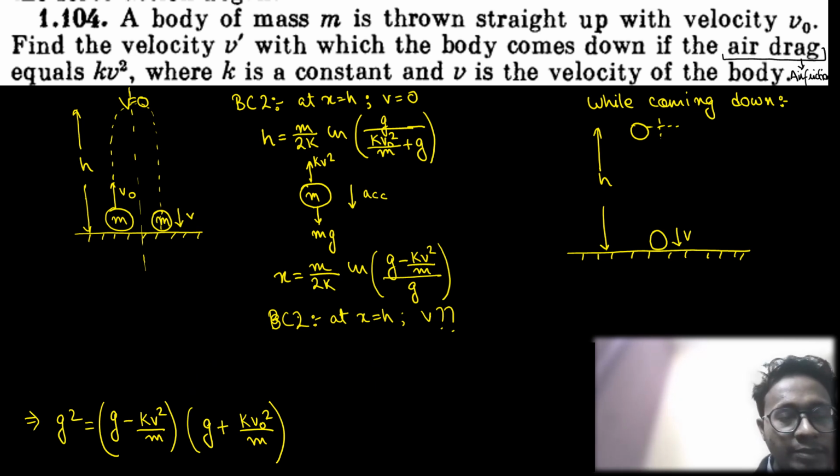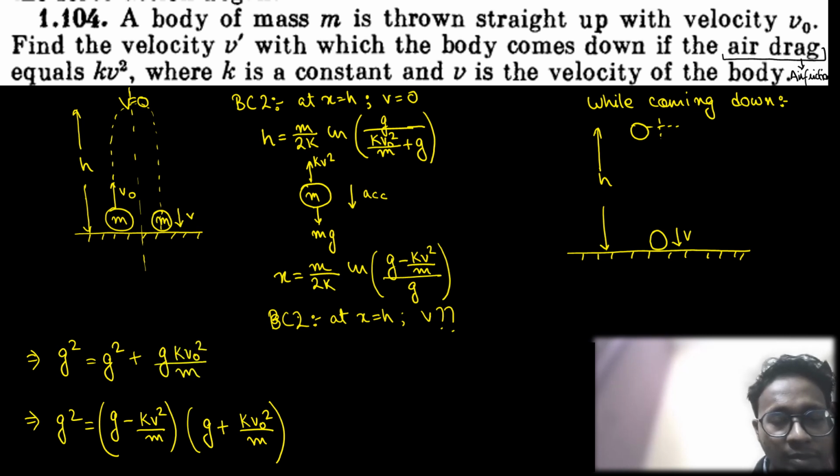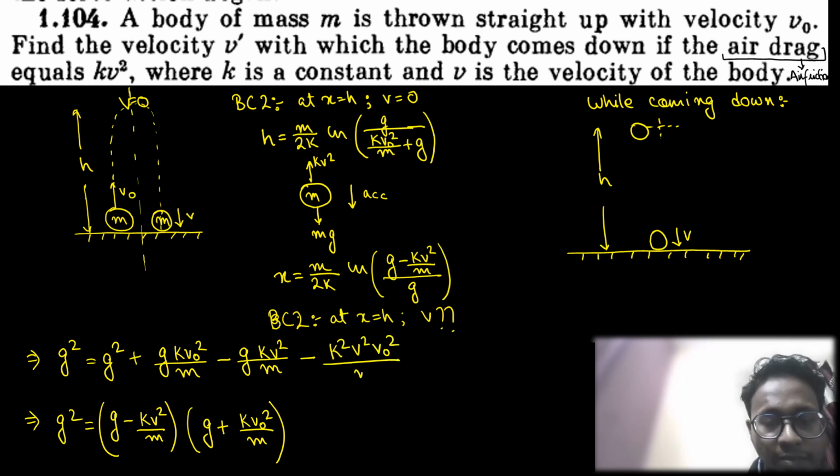Now let me expand this value. g square equals g into g, plus g into k v naught square by m, minus g into k v square by m, minus k square v square v naught square by m square.